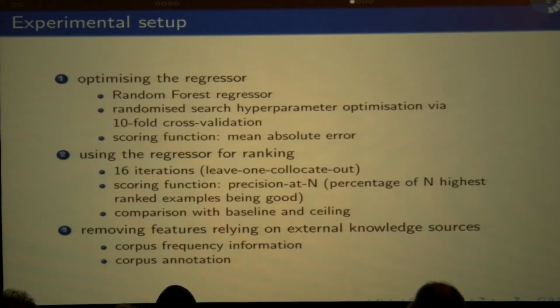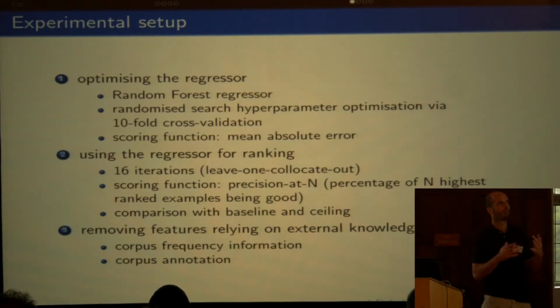So regarding our experimental setup, we actually had three tasks. First, to optimize our regressor. Similar to Ted Briscoe, here we don't want to classify, but we want to rank. So one way to go is with regression. We didn't do pairwise ranking, but just point-wise ranking.